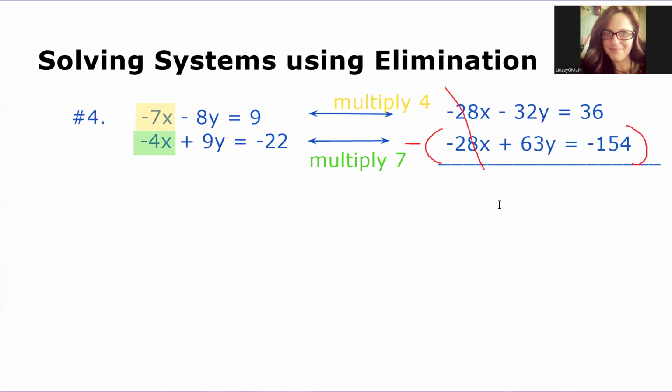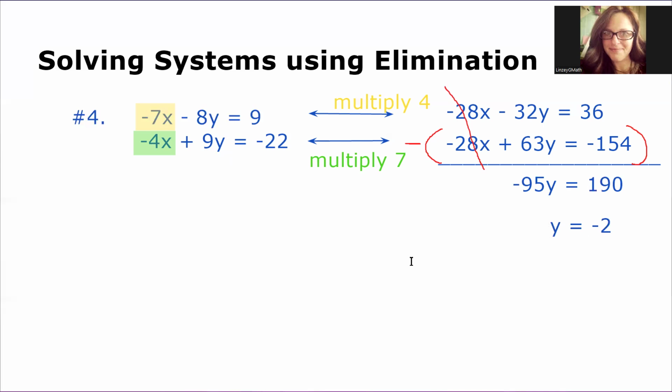Negative 32y minus 63y. You can always use a calculator. And then 36 minus negative 154. And then we'll divide 190 divided by negative 95. And we get y equals negative 2.